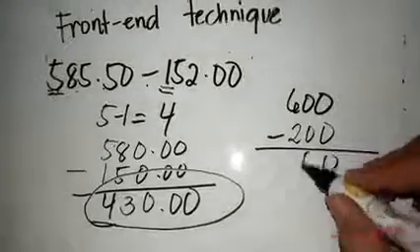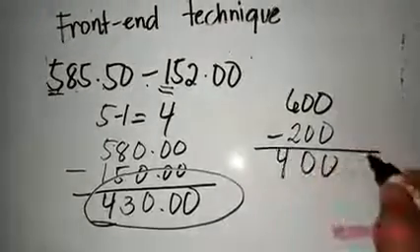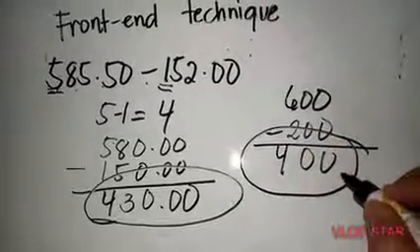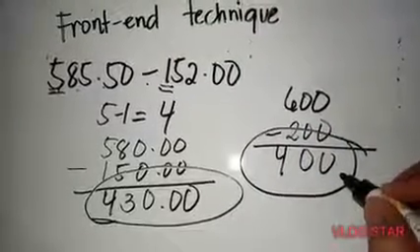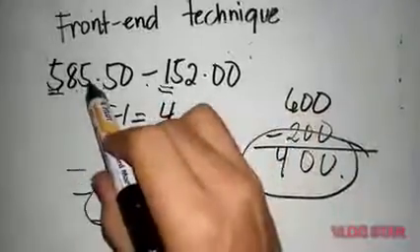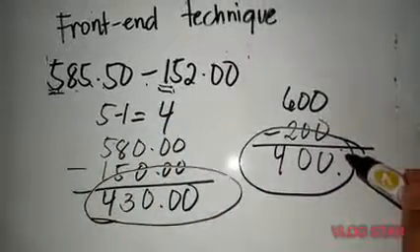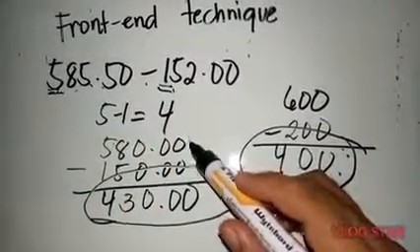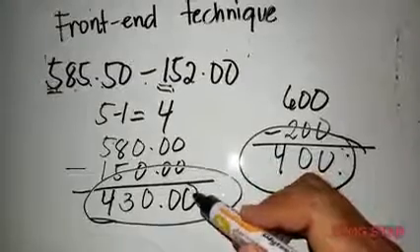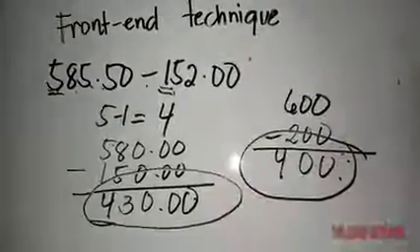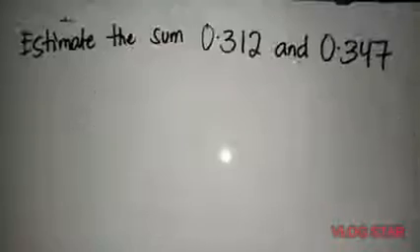Then subtract 6 minus 2 is 4. So this is the difference when we round these two numbers to the nearest hundred, and this is the difference when we use the front end technique.